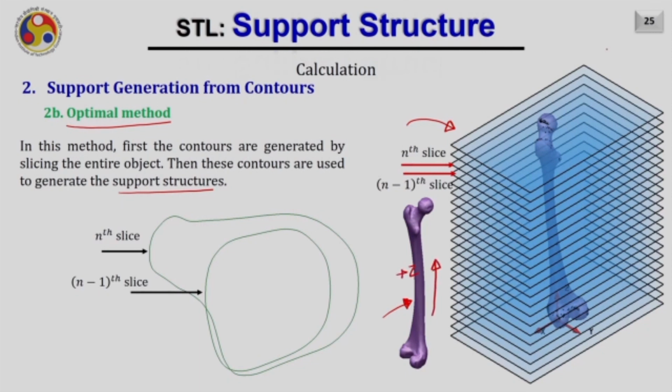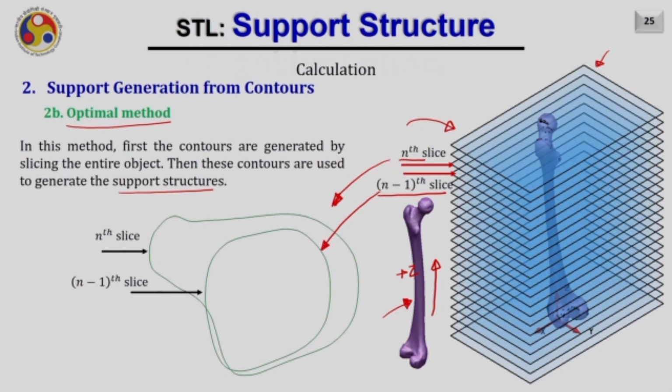So these are the slicing planes, and we take the intersection between the plane and the object. As a result, we get the contours. If this is the nth slice and this is the n-1 slice, the corresponding contours are shown here. This contour corresponds to the nth slice and this contour corresponds to the n-1 slice.